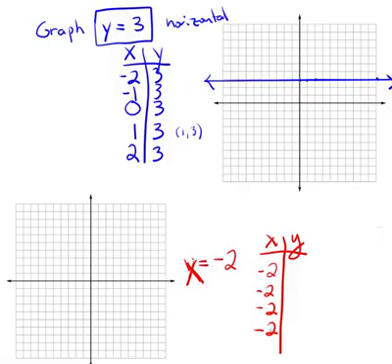So that means that x is always -2. So y can be 1, 2, 3, and 4. So if x is -2, y is 1. If x is -2, y is 2. And I see that this is a vertical line.